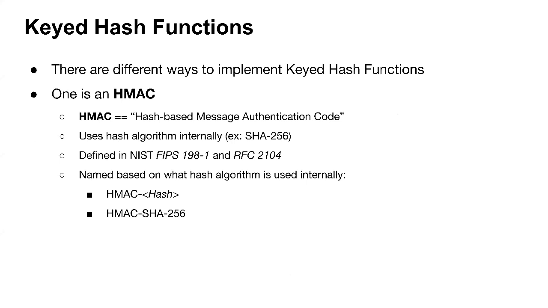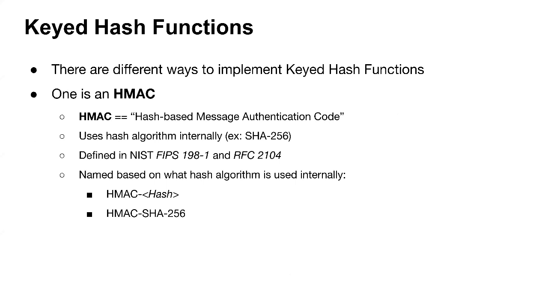There are different ways to implement keyed hash functions. One is an HMAC, which stands for hash-based message authentication code. It uses a hash algorithm internally, for example, SHA-256. It's defined in the NIST FIPS 198-1 and RFC 2104 specifications.